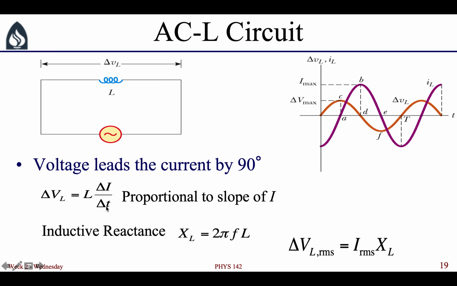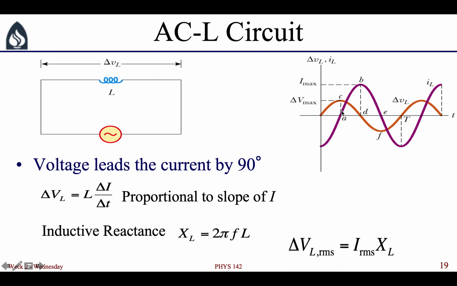And this indicates that the voltage across the inductor is proportional to the slope of the current versus time graph. So since delta I over delta t is proportional to the voltage, then the voltage depends on the slope.